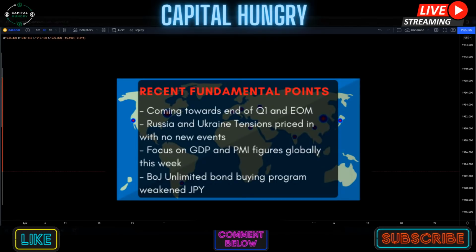But because volume is lower now as we are coming towards the end of the quarter, we didn't have the order flow within that Japanese yen weakness to sustain the moves, hence why we had those deeper pullbacks. So keep in mind that we can see potential order flow rebalance or just a slowdown in volume as we're of course coming towards the end of the quarter and the end of the month.